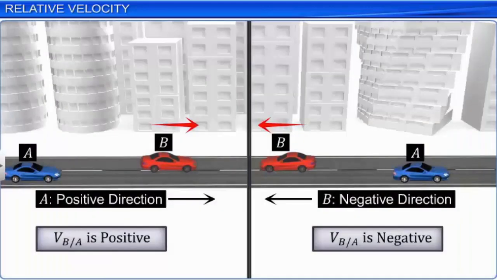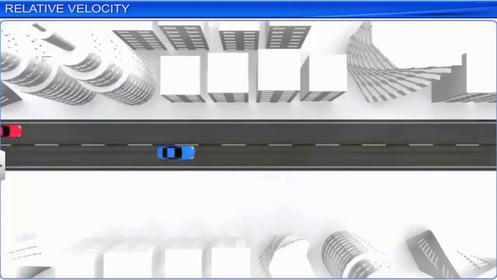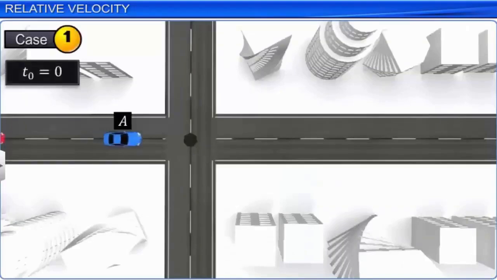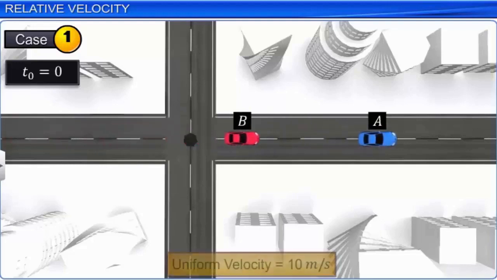Let us consider a few cases where two cars are traveling on a straight road with varying velocities. Case 1. Cars A and B are moving on a straight road with equal uniform velocity of 10 meters per second.